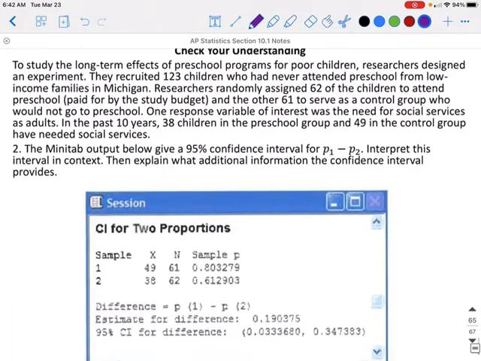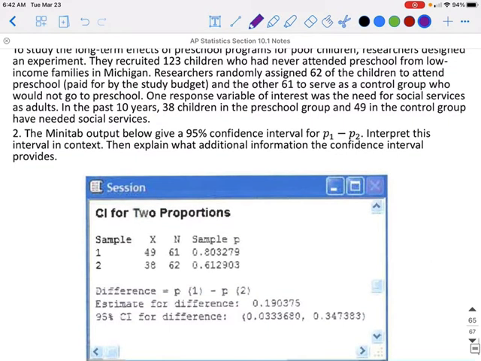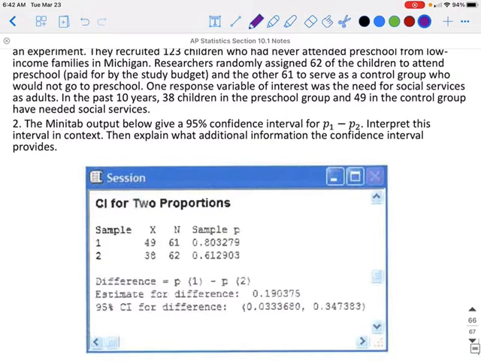The Minitab output below gives a 95% confidence interval for P1 minus P2. Interpret this interval in context, then explain what additional information the confidence interval provides. So our confidence interval is from 0.03 to 0.34.